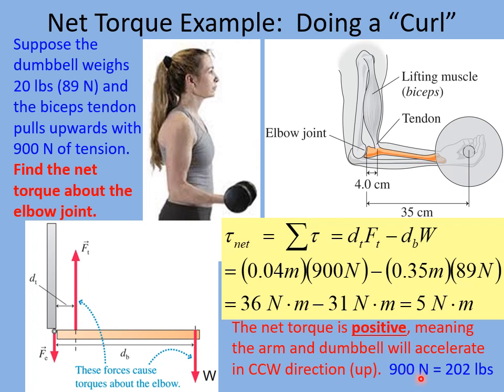So the 900 newtons of tension equates to about 200 pounds. And that's just one arm. So this bicep muscle is pulling with a force of about 200 pounds. That's the tension in that tendon, just to lift a weight that's roughly 10 times lighter than that.